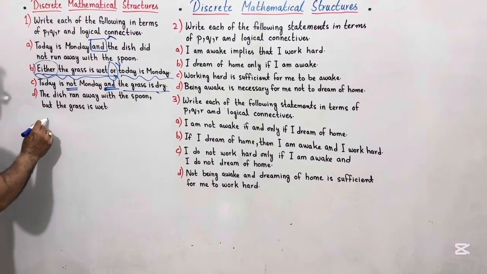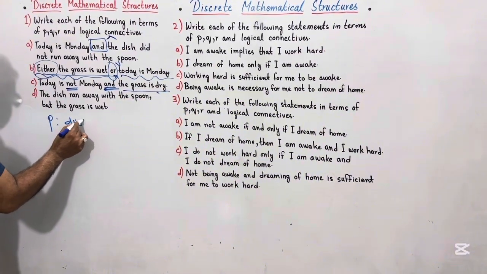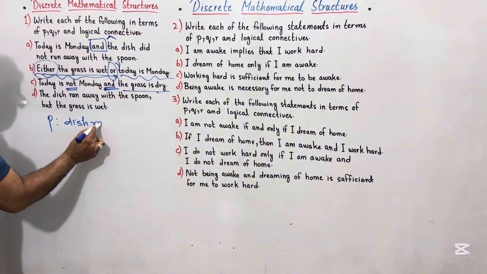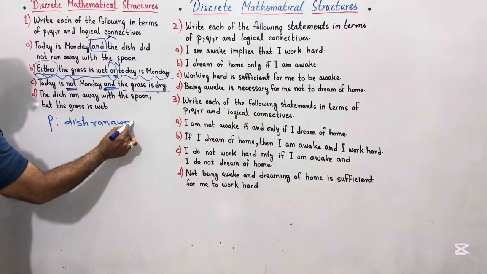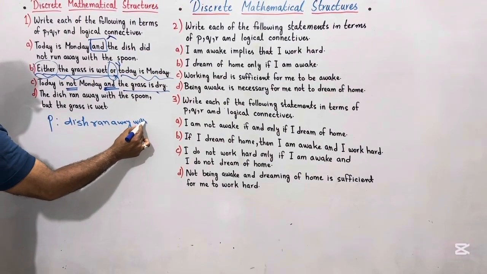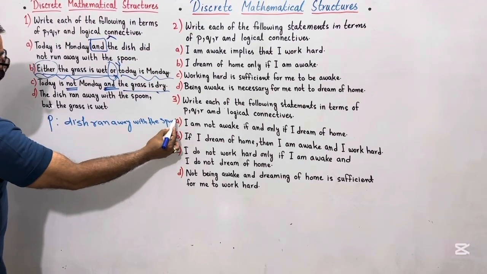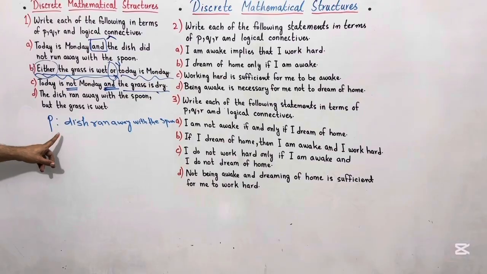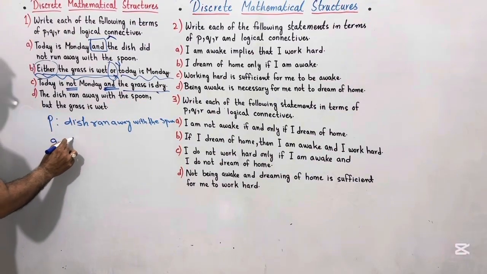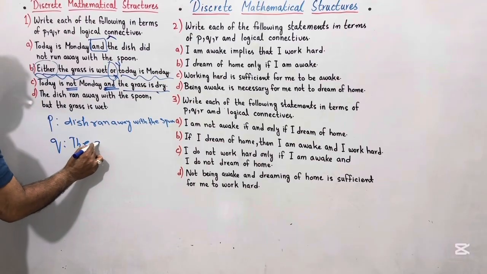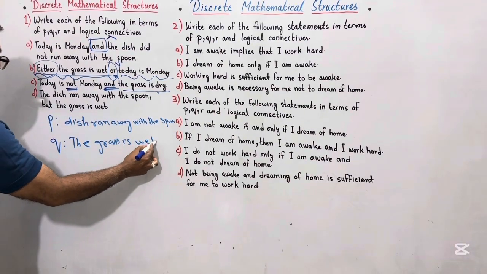Suppose P is the dish ran away with the spoon, and second, Q is the grass is wet.